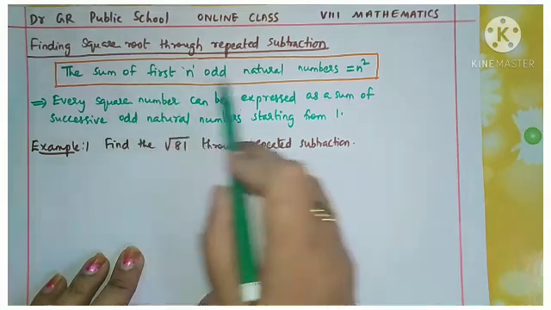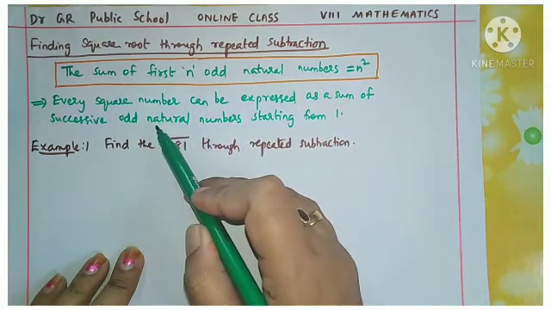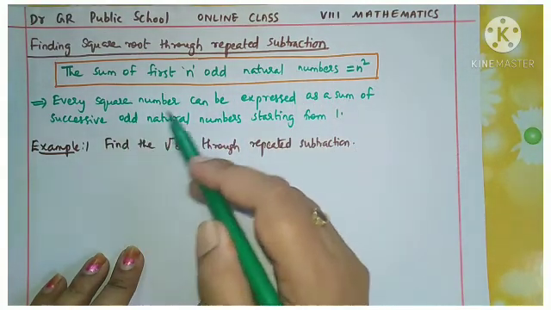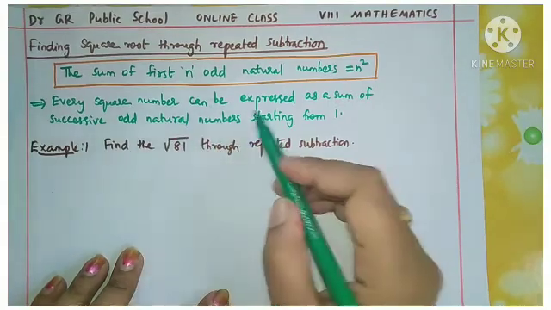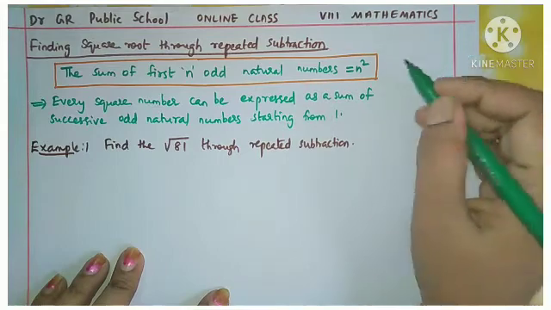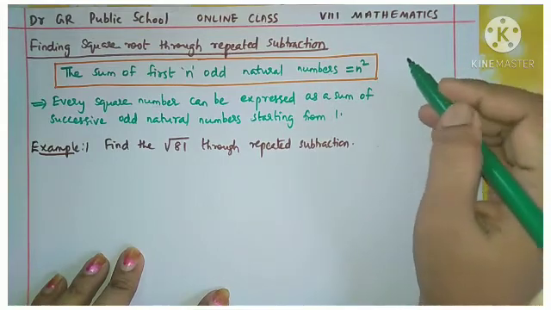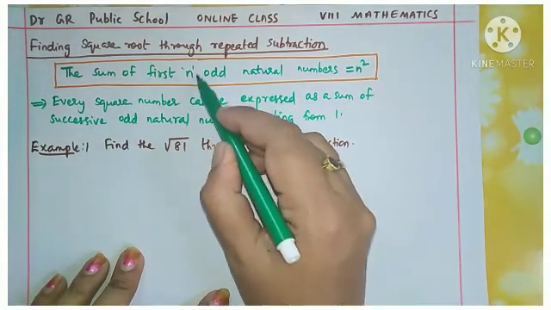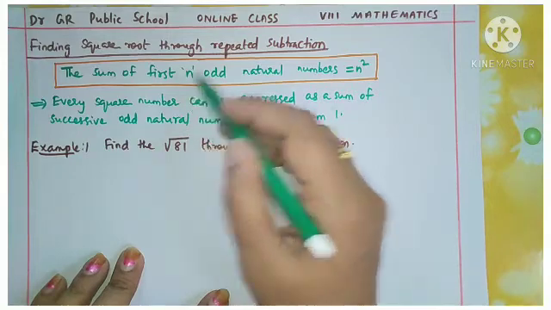That is the meaning of this, which you learned in the previous class, and you have examples also. If I am taking 5 odd natural numbers, this n is the number of numbers.